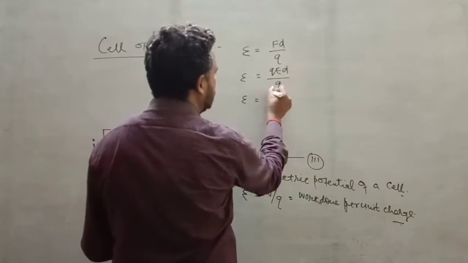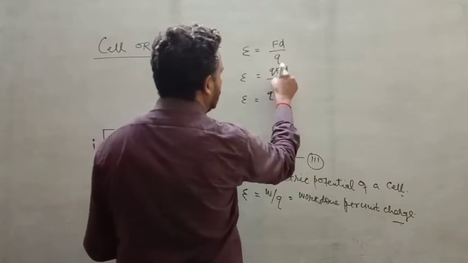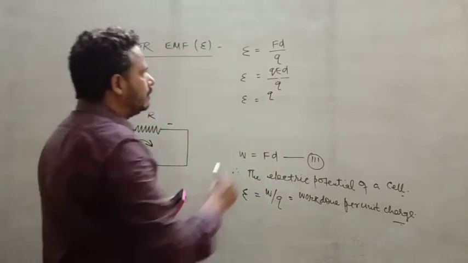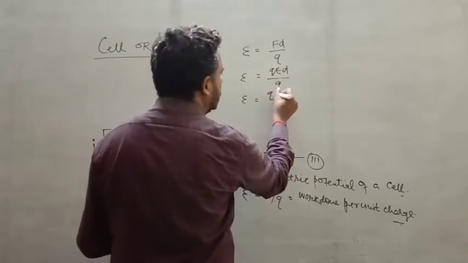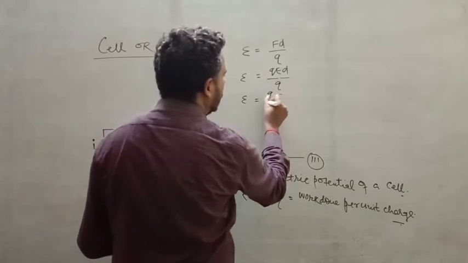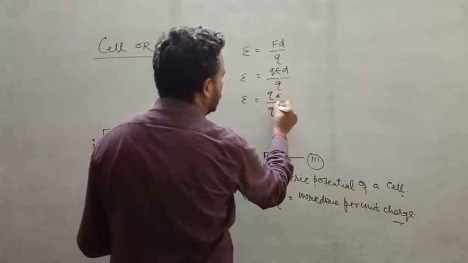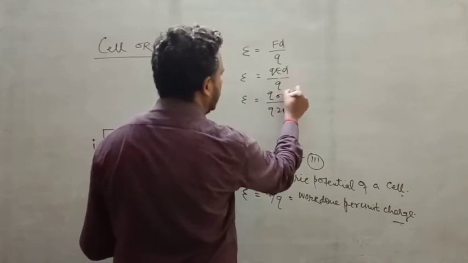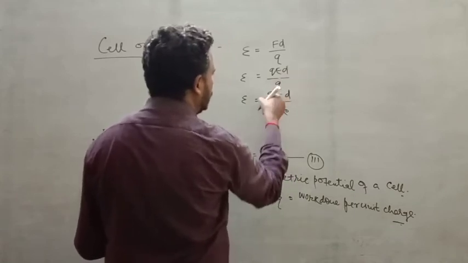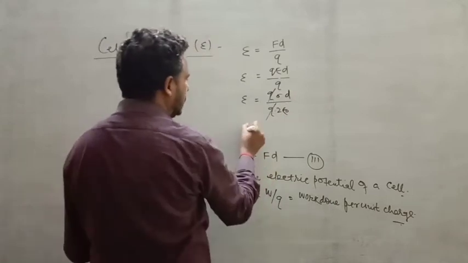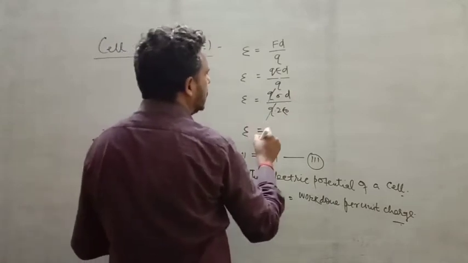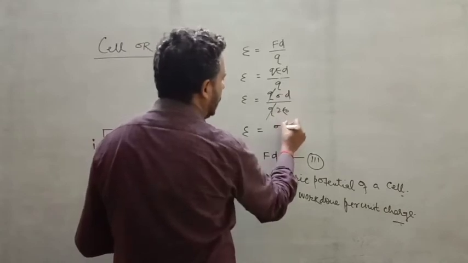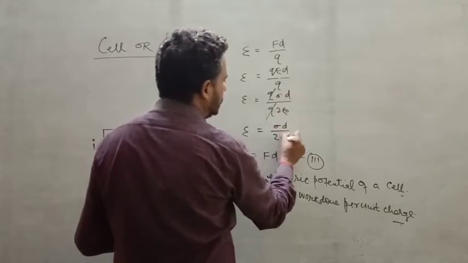So this is your Q, and now you put the value of E. The value of this electric field is sigma by 2 epsilon naught, D be there. Now you just cancel this Q, and then your next step is sigma D divided by 2 epsilon naught.